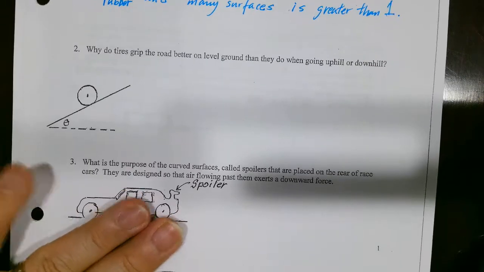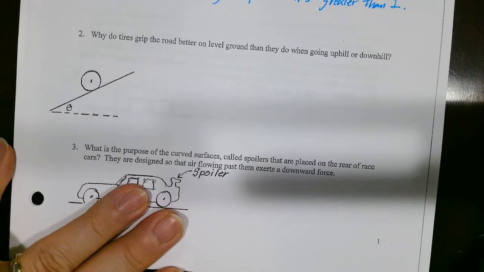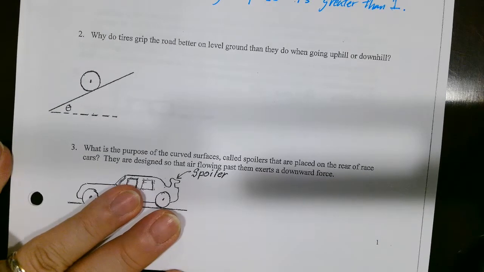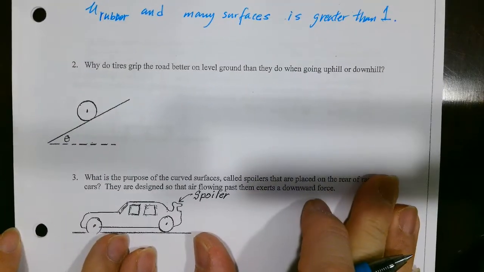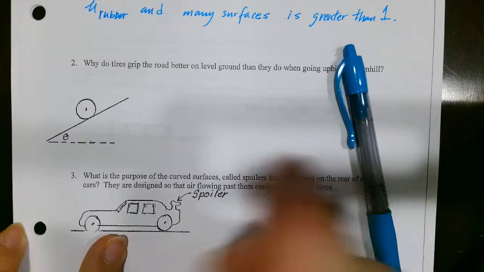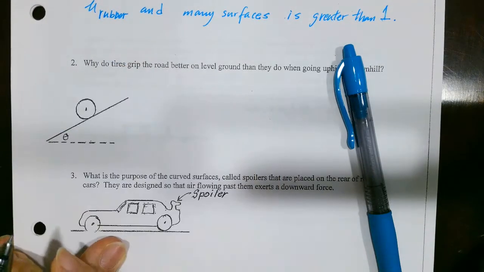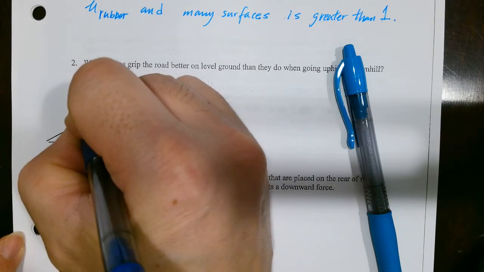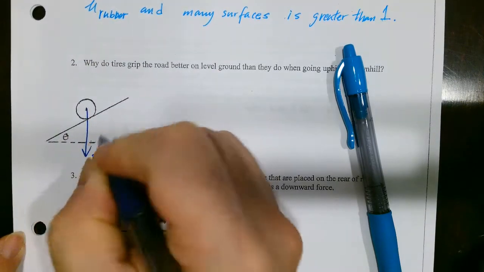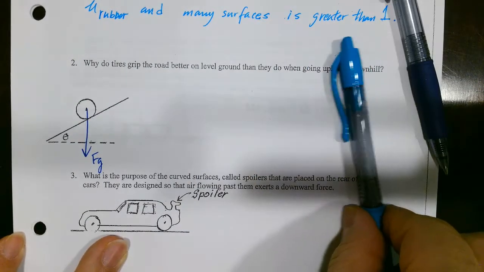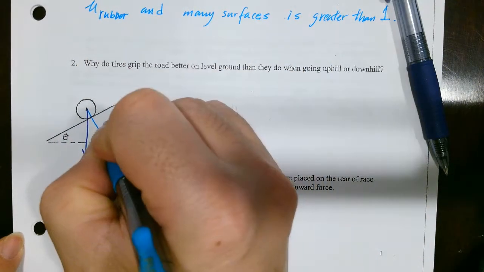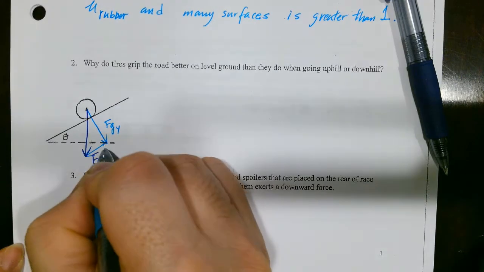Number 2, why do tires grip the road better on level ground than they do when going up or downhill? Well, first, if we look at the free body diagram of a car going up a hill, we have FG, and this FG is broken up into FGY and FGX.